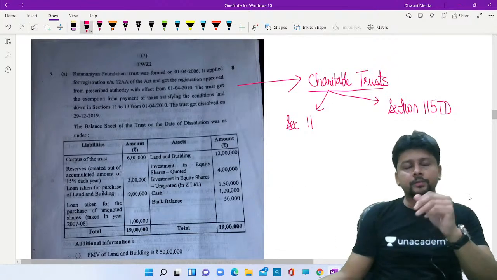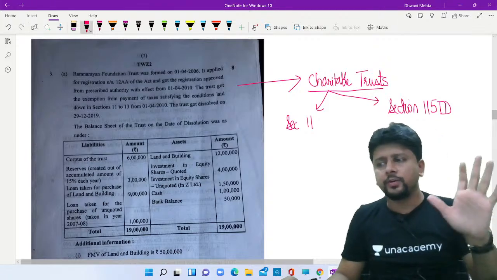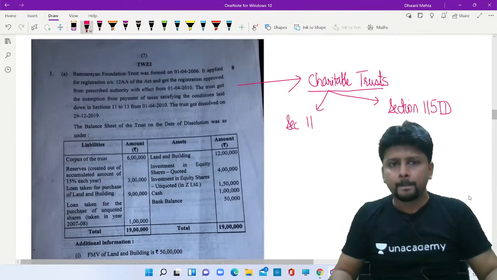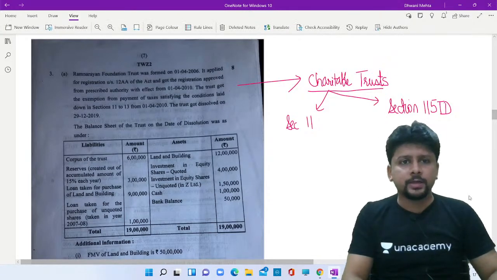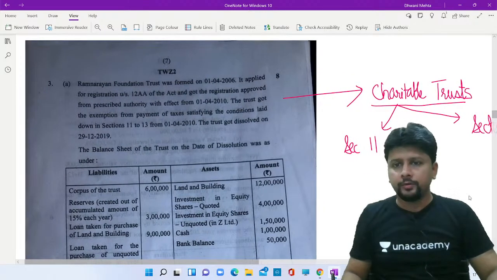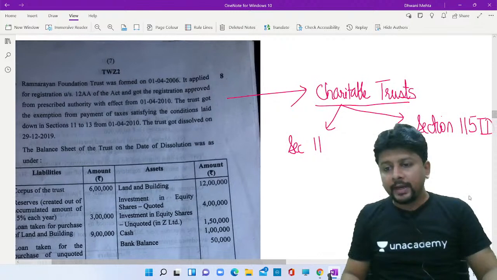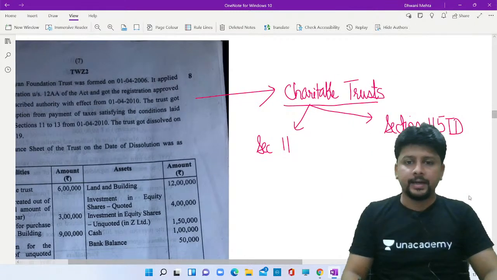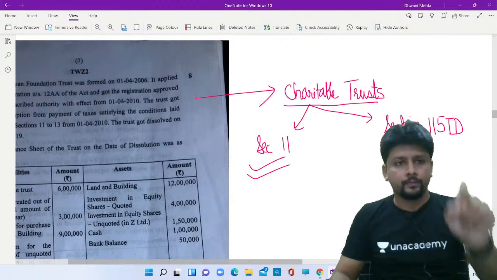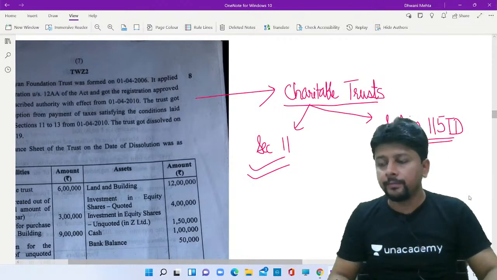The recent trend observed is that charitable trust as a chapter is definitely part of your question paper. It is always part of your paper, either in the form of a full-fledged question on section 11. The July 2021 exam had a section 11 sum. December 2021 had a section 115 TD sum.